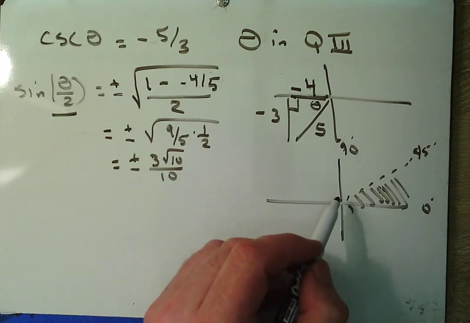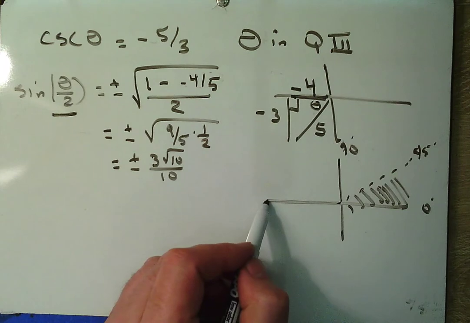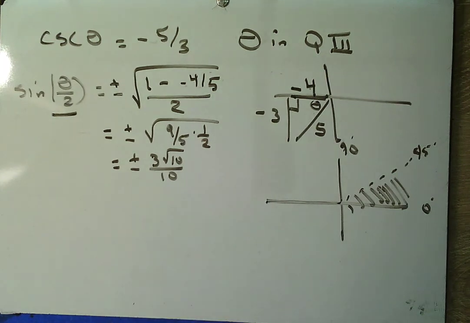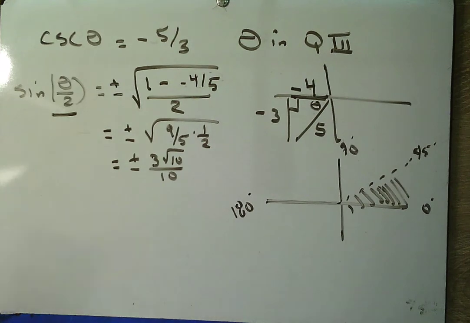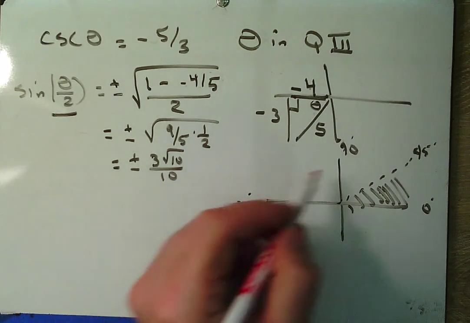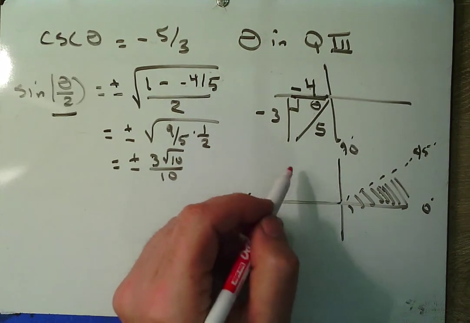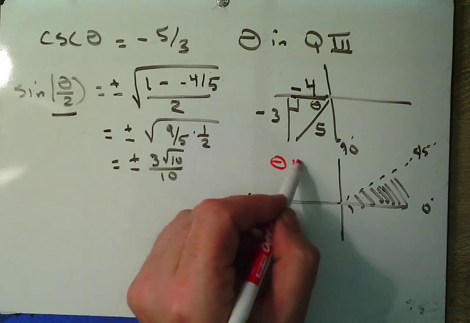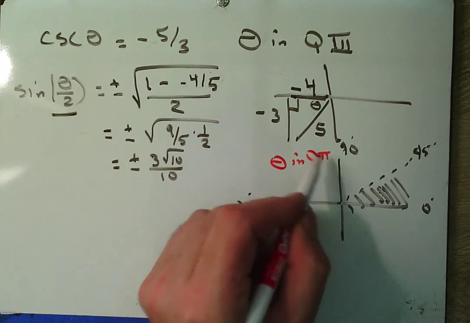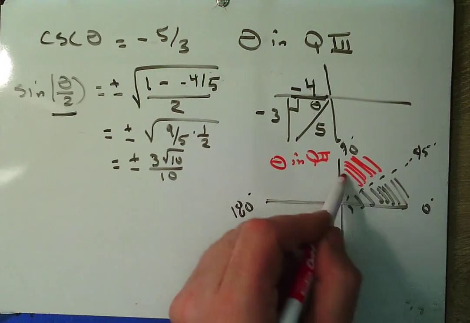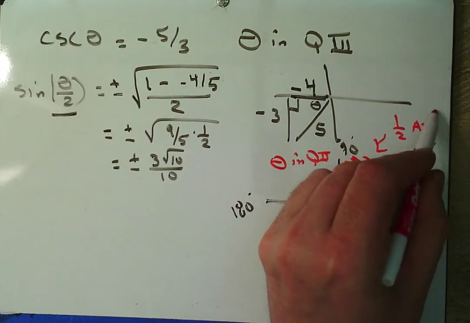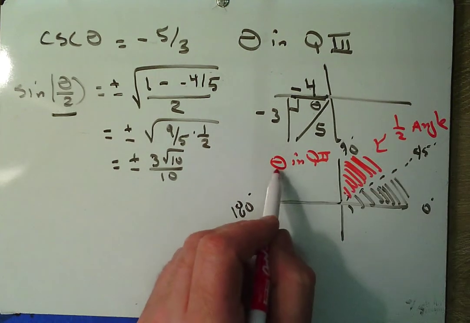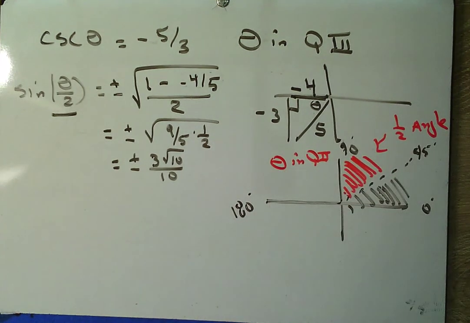And then if I go out to 180, half of 180 is 90 degrees. So anything where my theta is in quadrant 2 would be here. That's where the half angle lives for a second quadrant theta.